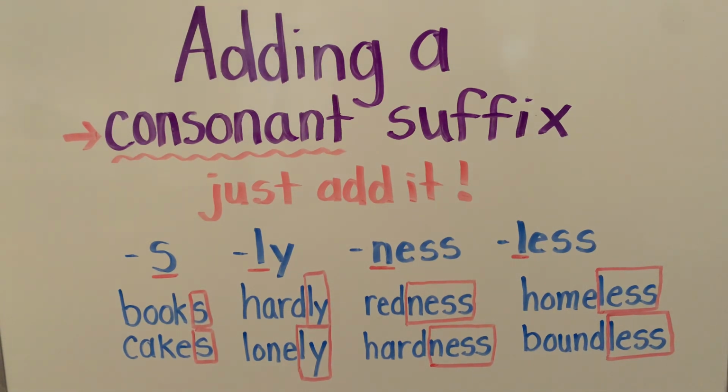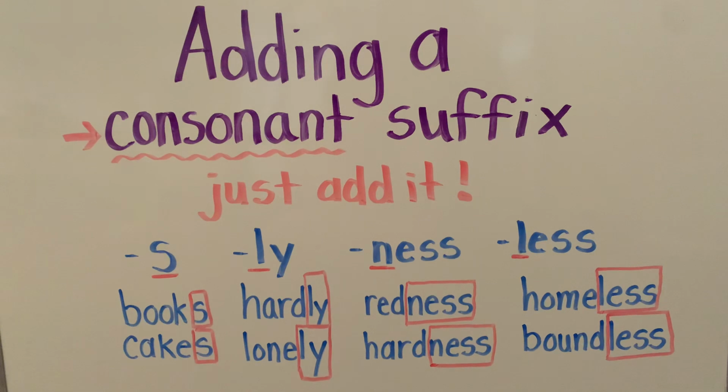When you have a word that you want to add a consonant suffix to, a suffix that begins with a consonant, like our examples here, you just add it to the root word. You don't have to change your root word at all, which makes it really easy. When we add vowel suffixes, those rules get a little bit trickier, and we will talk about those next week. But when you add a consonant suffix to a root word, you just add it. You don't have to change your root word at all.